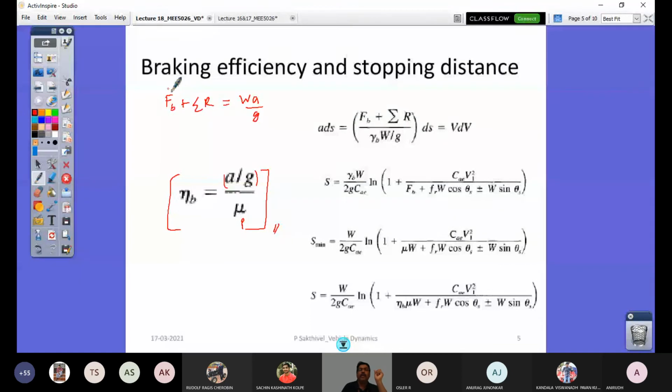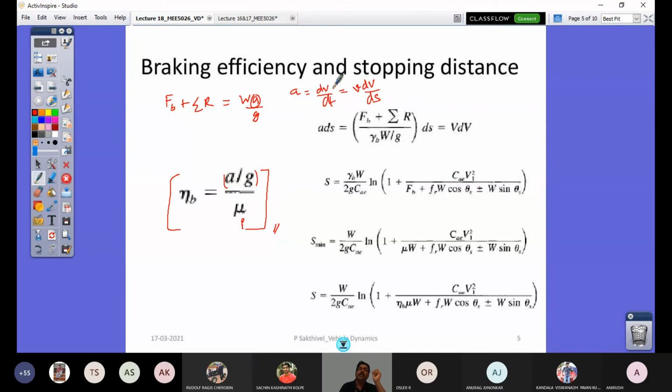So now A is the deceleration. A can be written in this way. You can write this as dV by dt. You can also write this as V dV by ds, right? That we have seen.